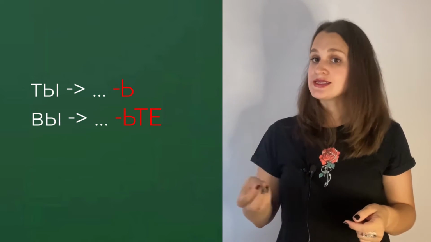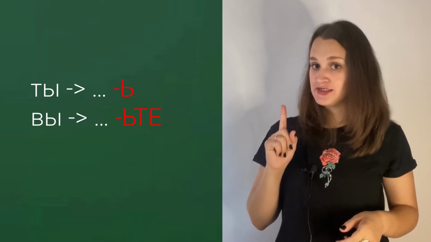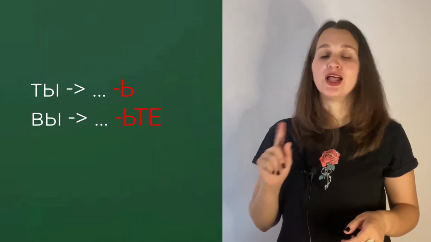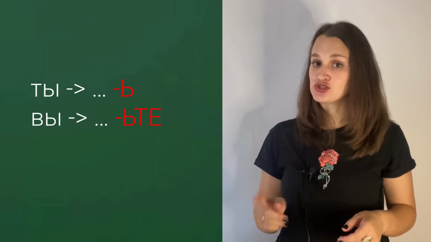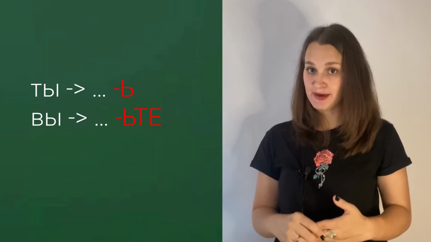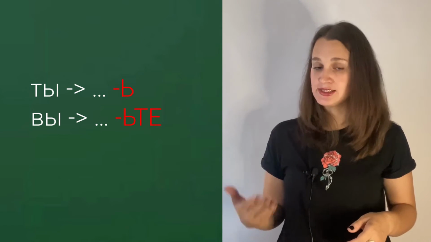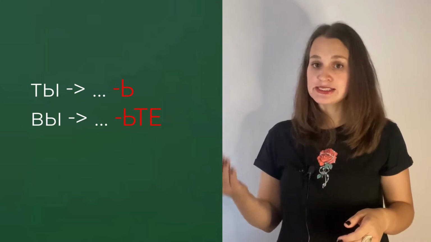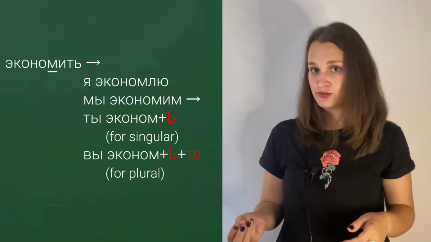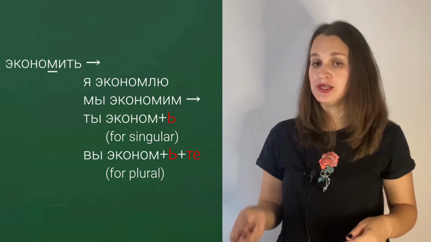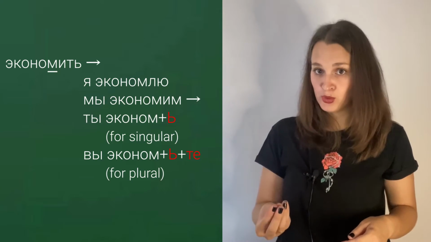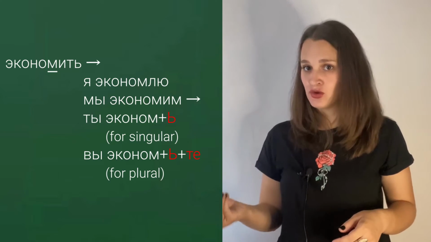Way 3. If the stem ends on a consonant, but the stress falls not on the ending, the stress falls on the stem. Then, to form the imperative, we will add the soft sign. Let's check. The verb экономить. The form for я will be я экономлю, мы экономим.